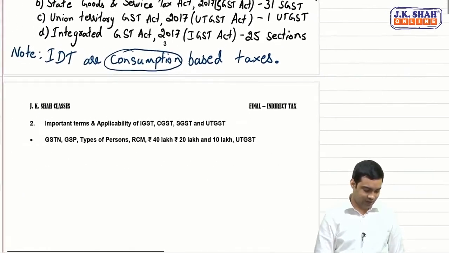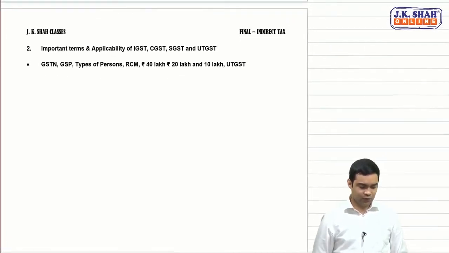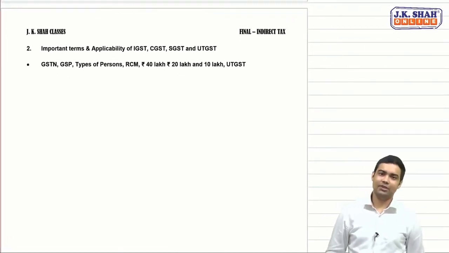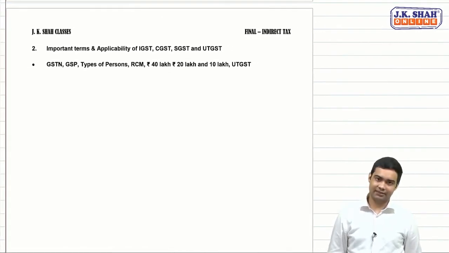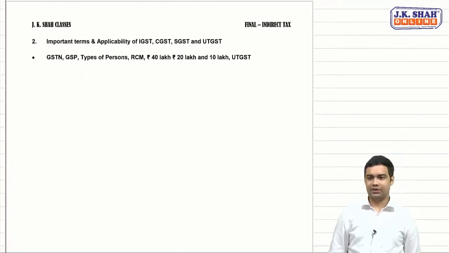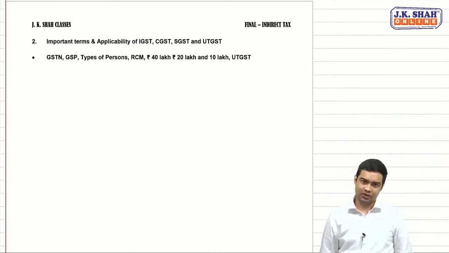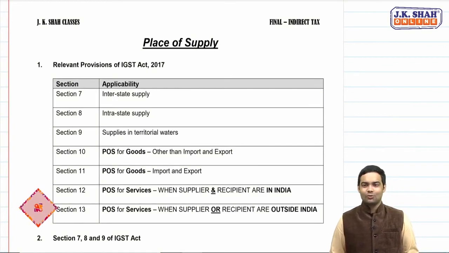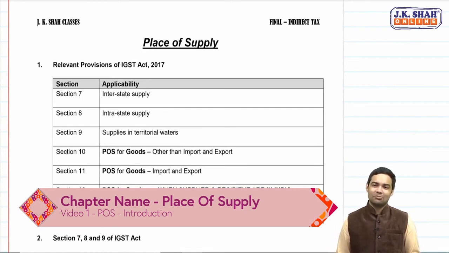Now, moving forward, we move to discussion on some important terms. I am on page 4. We'll be discussing some important terms, and we'll also be deliberating upon some basic provisions before entering into the GST law. We are now to move towards the essence of indirect taxes. We have always said that indirect tax is consumption based tax.